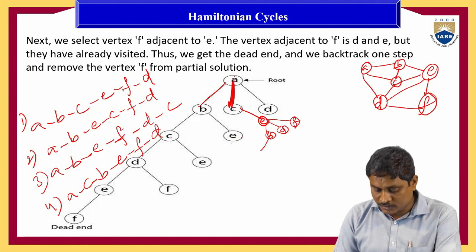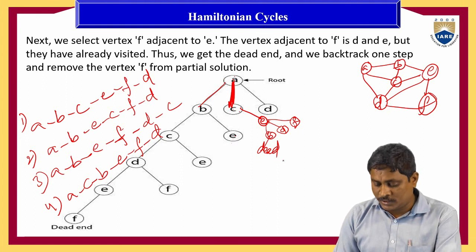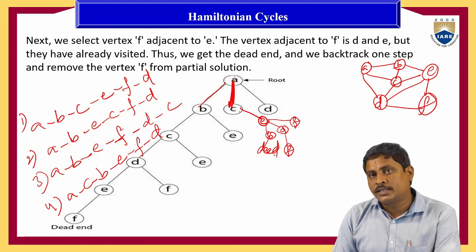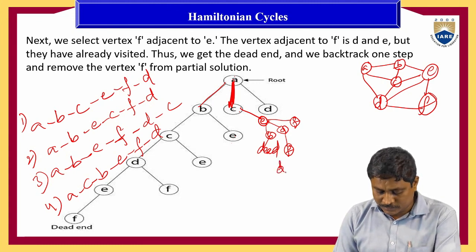A already visited. So it forms a dead end. E to D, D to F. F, there is no direct path to A, so it forms a dead end.